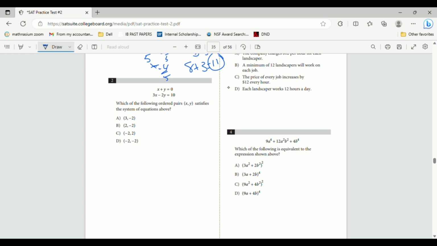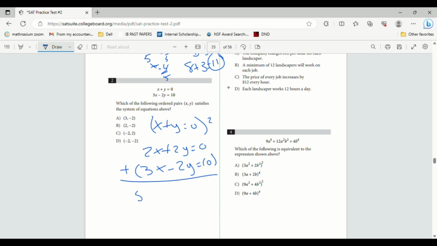I see that if I multiply my first equation by 2, to get 2x plus 2y equals 0, then my y terms will cancel out. So I'll add my two equations together. 5x equals 10, and so x equals 2. Which right away lets me know that the answer is B.